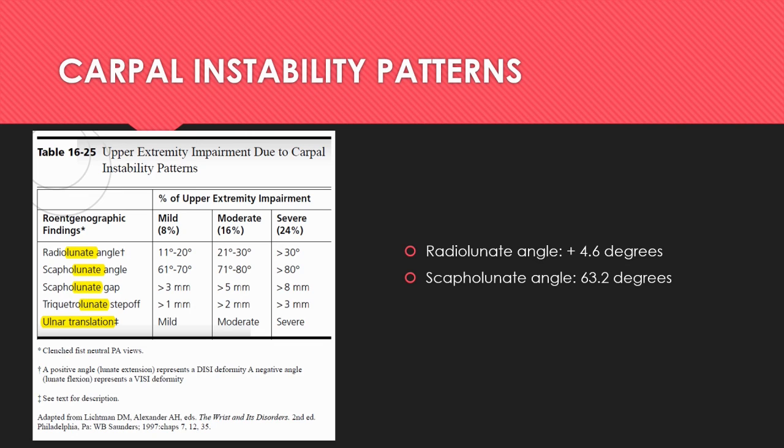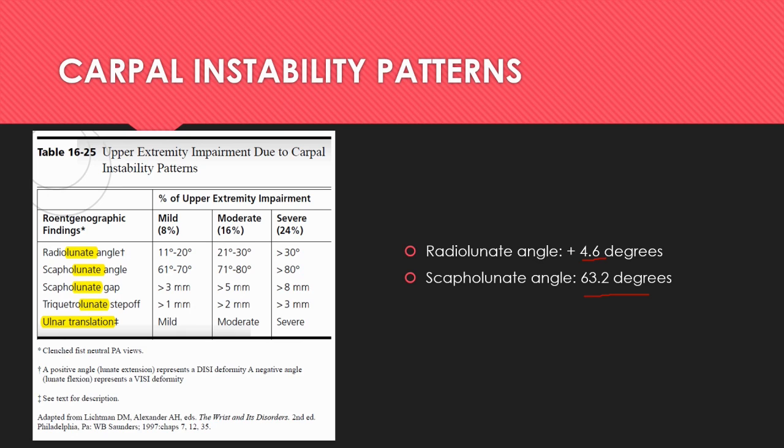But when the measurements were done, the radiolunate angle came out to be 4.6 degrees, and the scapholunate angle came in at 63.2 degrees. So according to Table 16-25, the radiolunate angle was normal.